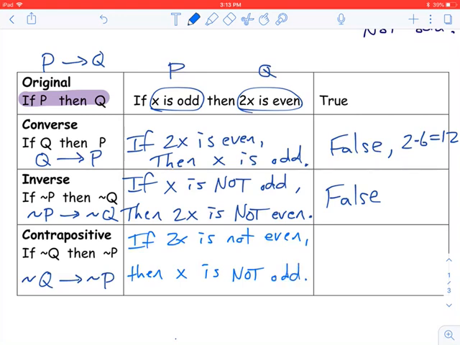If 2x is not even, then x is not odd. Well, that's got to be true, because if 2x is not even, that means x has to be some kind of decimal or fraction. So it's not going to be an odd number. Okay? 2 times anything should be even if it's a whole number.